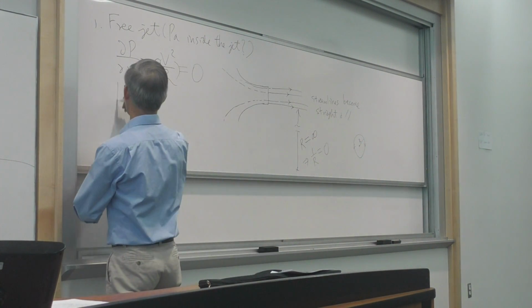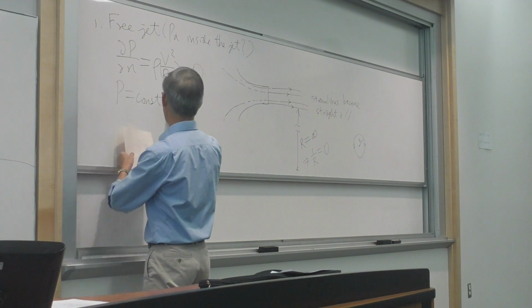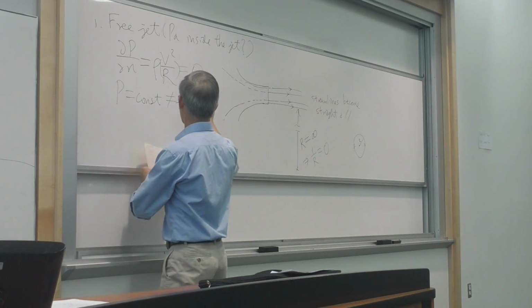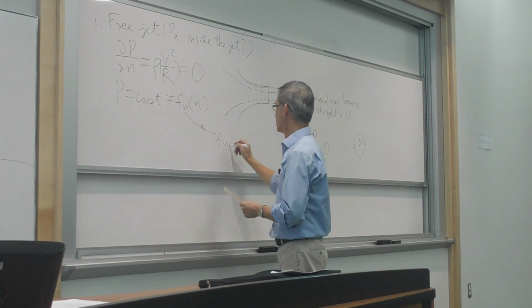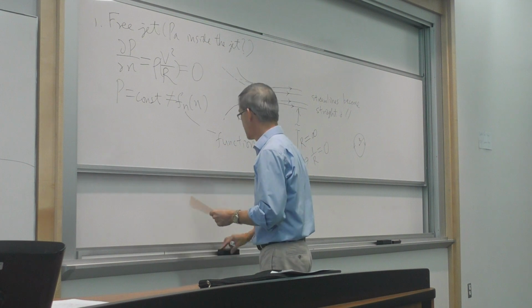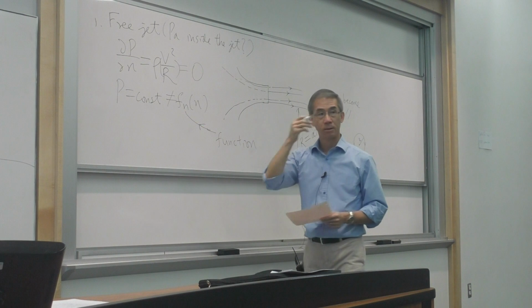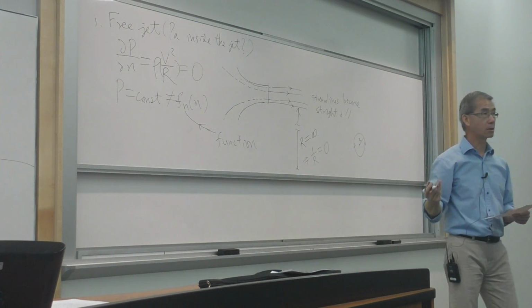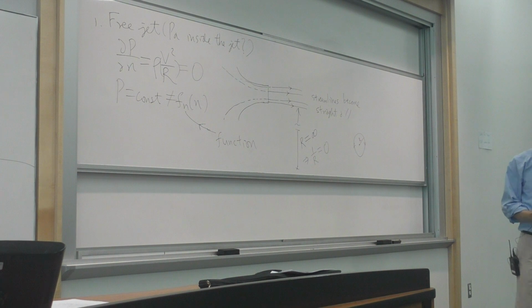So what that says is the pressure cannot change in the direction of n. So Fn, my nomenclature, which will be used more and more often, represents that it's a function of. So pressure is a constant, independent of the n direction, the normal direction, right?